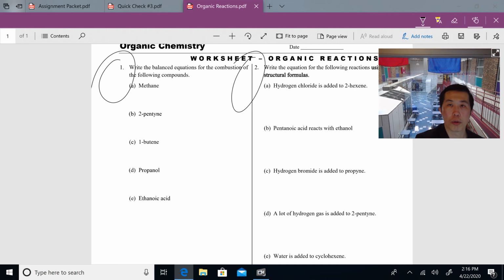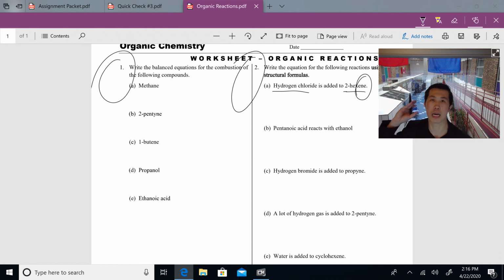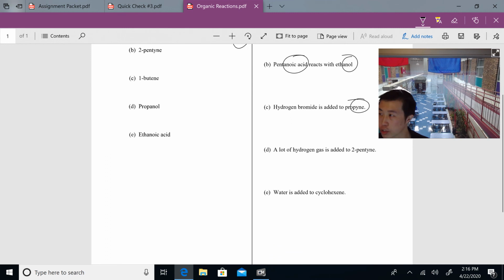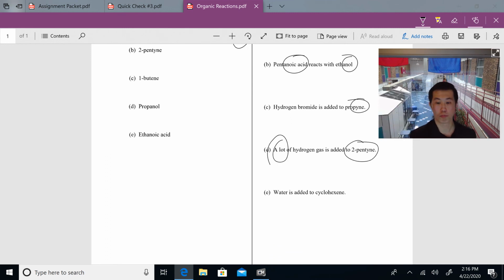And then for number 2 is we want to see, do you understand what you've learned with all of the organic reactions? So when you have something like that, you see a double bond, you should probably recall that that's an addition reaction. Notice you have an acid with an alcohol, so that you should recall that that's ester. Here's another multiple bond, so that's an addition reaction. And if we scroll down just a bit there, in this one, it says a lot.